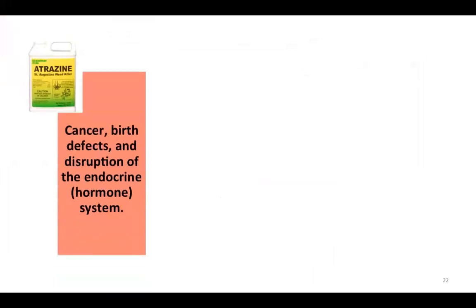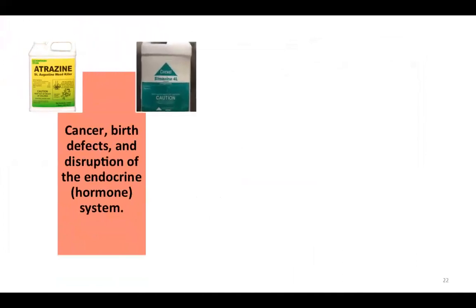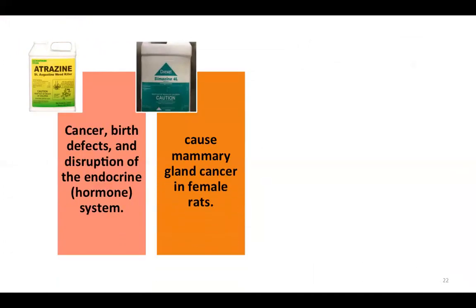So there are many commercially available herbicides that can cause serious illness or diseases in human beings. For example, the commercially available atrazine can cause cancers, birth defects, and disruption of the endocrine hormone system in human beings. Another, called simazine, from the Dixie company, caused mammary gland cancers in female rats, and these are actually diseases of human beings, including animals also.